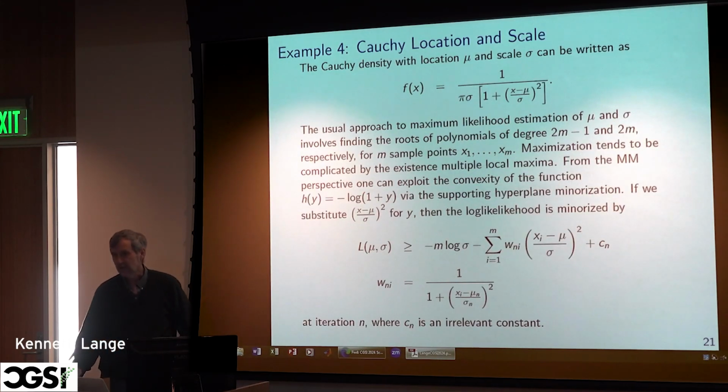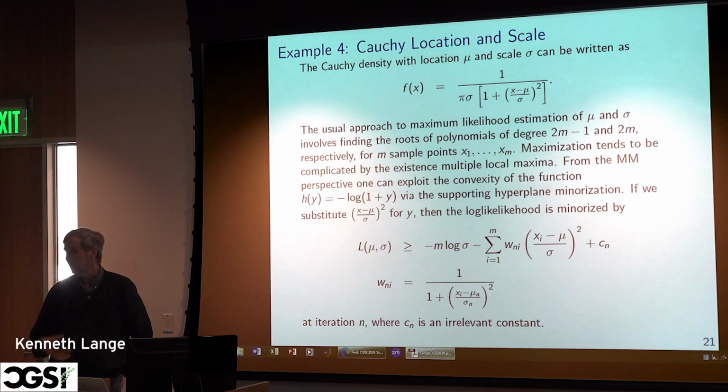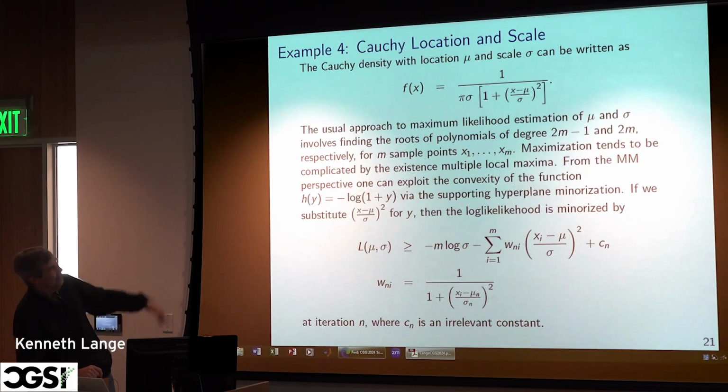Okay, let's go back to statistics. If you've taken a statistics course, when they talk about maximum likelihood, they always give you these examples where you can find the maximum likelihood estimate. This is an example where there's no closed form solution. So it's the Cauchy distribution with a location parameter mu and a scale sigma.